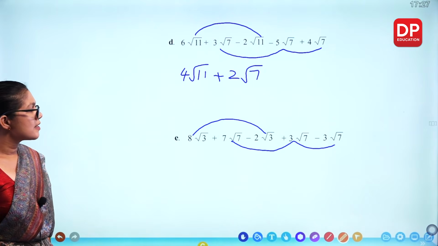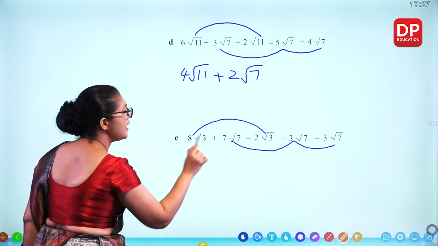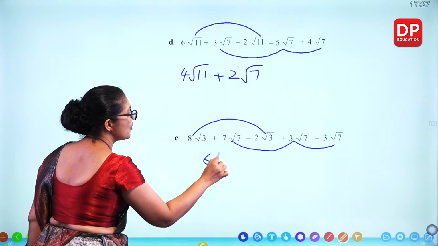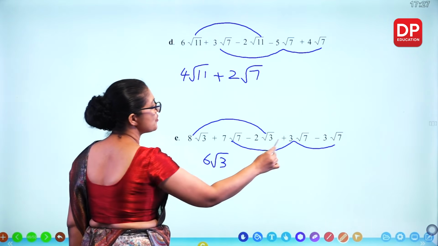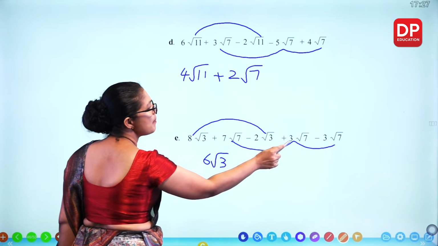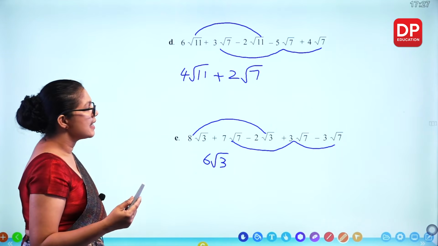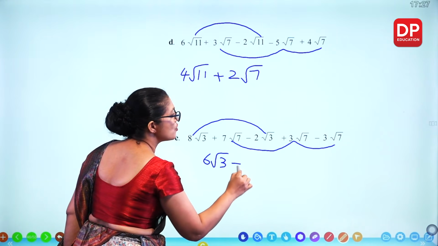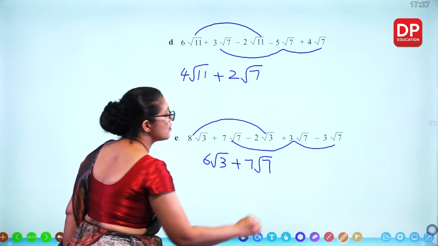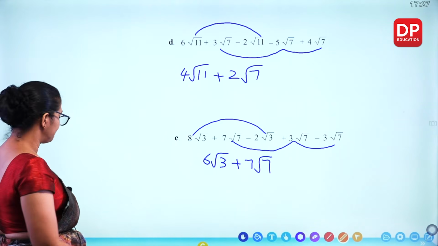When you take root 3 values, 8 minus 2, you get 6. What about these 3 terms? Plus 7 plus 3, you get 10. 10 minus 3, you get 7. So you get 7 root 7.